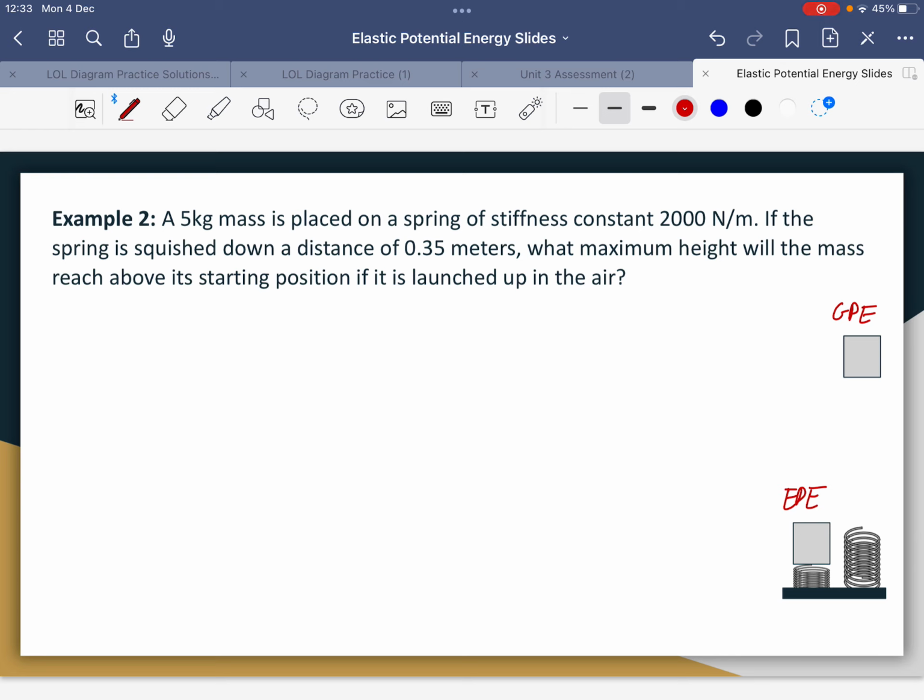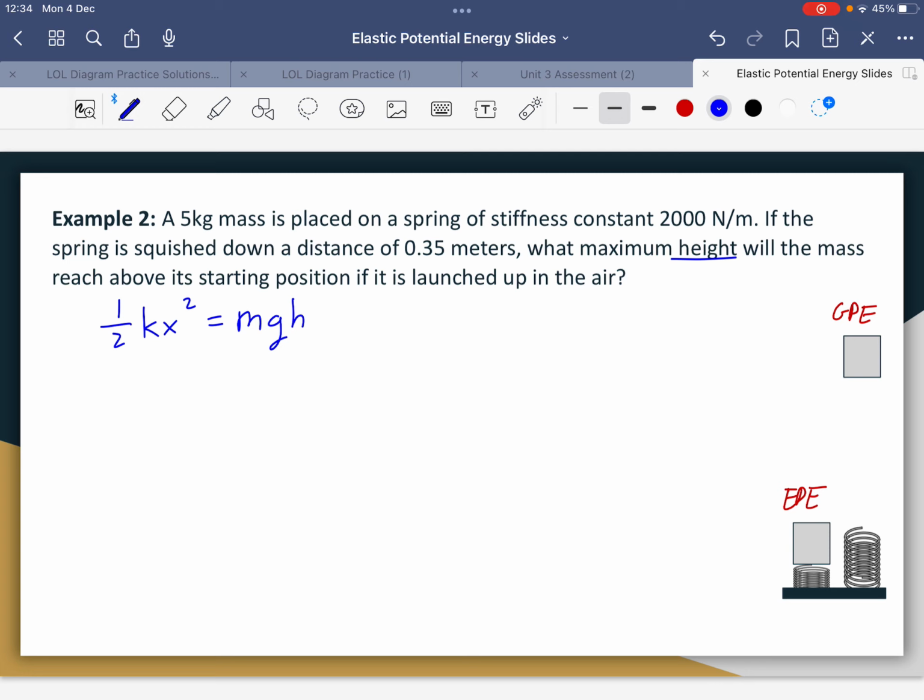Okay, so let's go ahead and work out our equation. I'm going to switch to blue. Our equation for elastic potential energy is 1/2 kx squared. That's the type of energy it has at the beginning. And then later when it's up in the air, it has all gravitational potential energy, which is mgh. And we're looking for the height, that maximum height that it's going to go to.